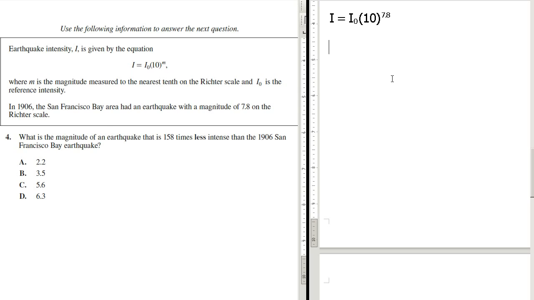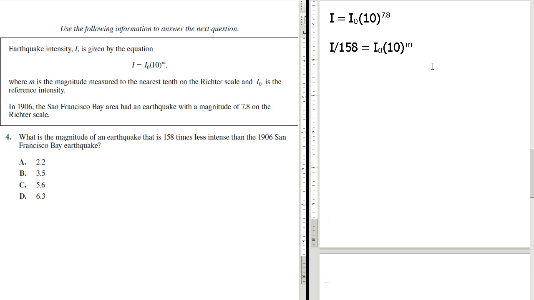What else do we know? We know that an earthquake that's 158 times less intense is going to have an intensity of I divided by 158. And that's equal to the same I0 times 10 to the power of some unknown Richter scale measurement. And we need to know what m is, so we have to do some solving.